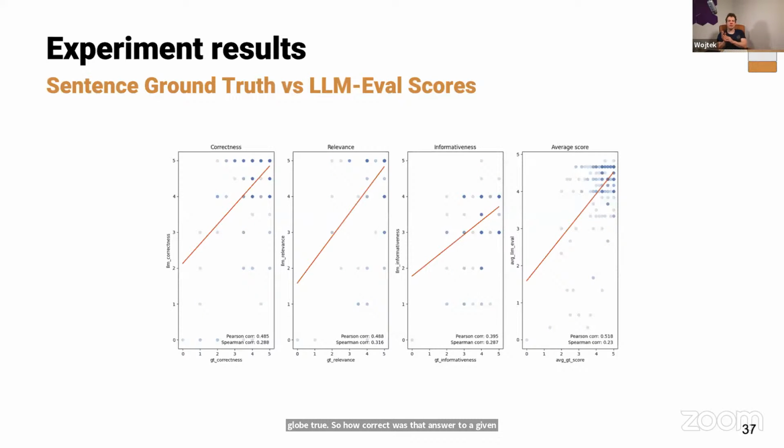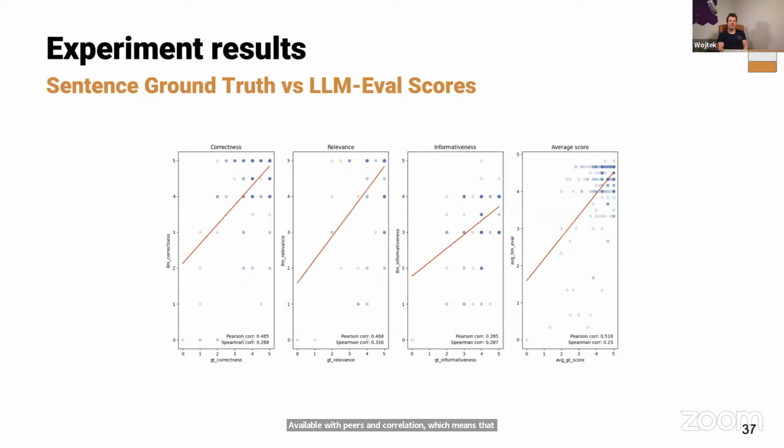Here we're using the LLM-eval approach, the second approach I described, where we use an LLM directly to evaluate the correctness of an answer versus the actual ground truth. And we see that the correlation is hovering around 0.4 to 0.5, evaluated with Pearson correlation, which means that it does correlate with human evaluators, but it's not a perfect correlation.